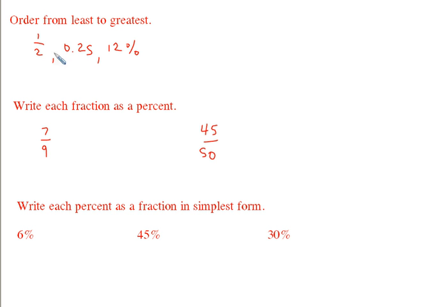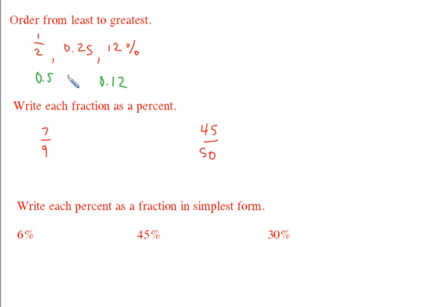Now, for ordering from least to greatest, what you have to do is figure out the decimals and then just arrange them the right way. So here, 1/2, that's going to be 0.5. This is already a decimal, so now we got this. Remember the decimals over here, move it 2 spaces over, 1, 2, so it's going to be 0.12.